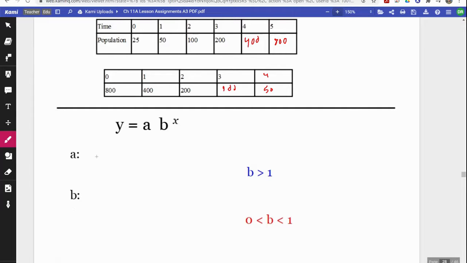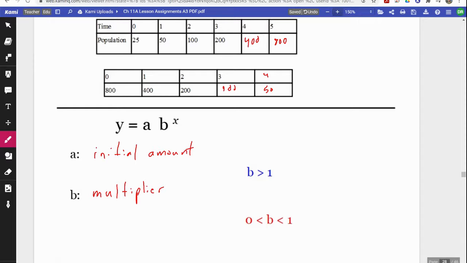So a is your initial amount, and b is what we're going to call the multiplier. And we call it that because it has an exponent, and an exponent is repeated multiplication. So it's telling us how many times we're multiplying our initial amount by.